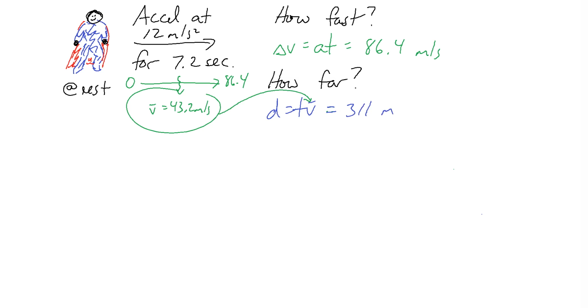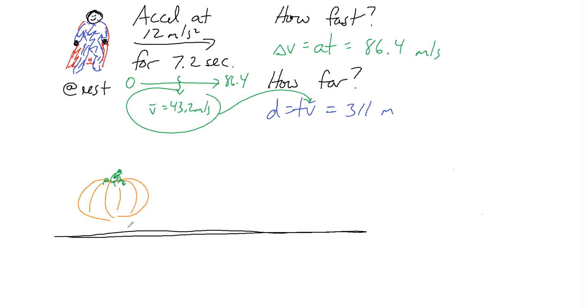All right, so let's try this. Okay, draw, got a little pumpkin. All right, okay, so got a pumpkin running down the street. Let's say our pumpkin is going 8 meters per second.